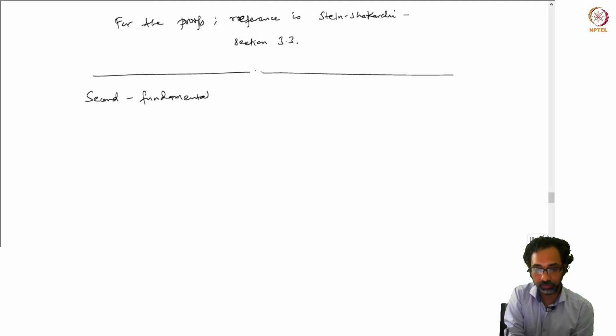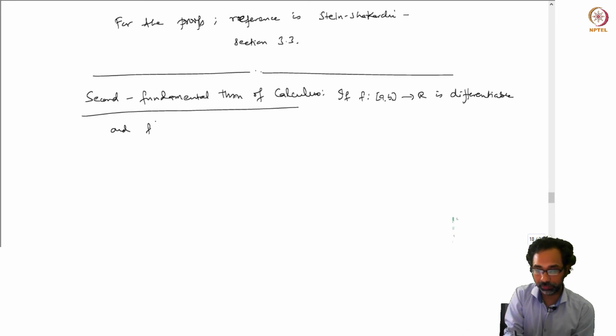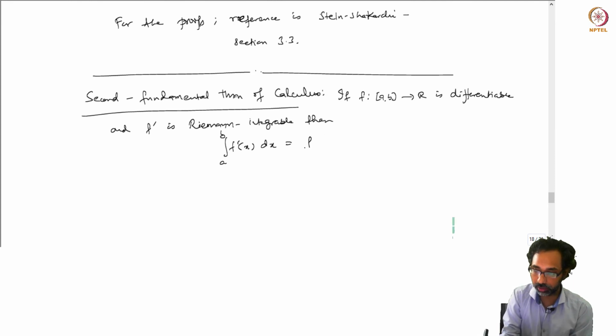So it says that if f from [a,b] to R is differentiable and f prime is Riemann integrable, then the integral from a to b of f prime x dx is nothing but f(b) minus f(a).